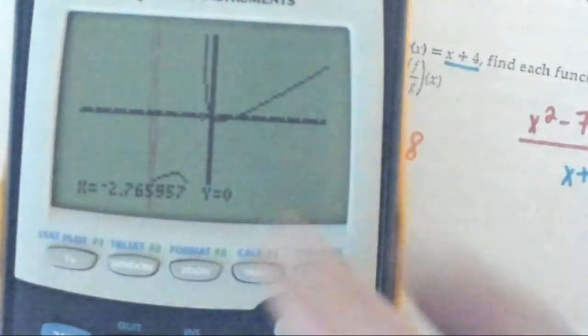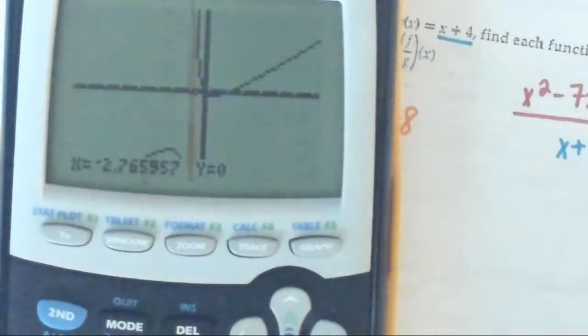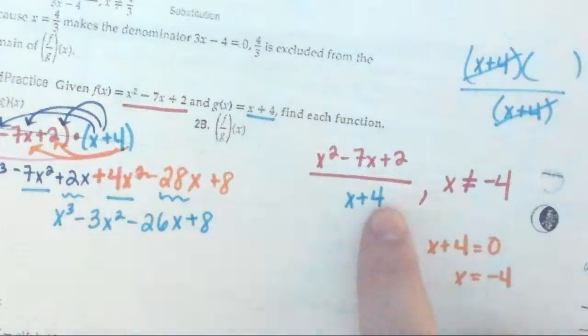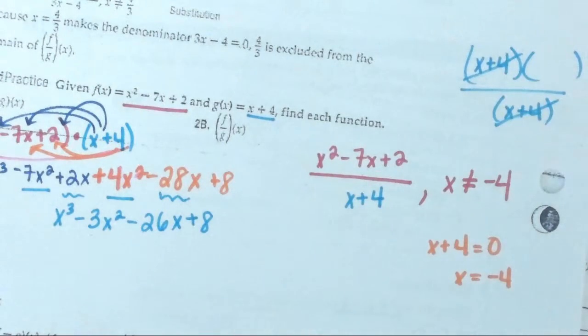But if I zoom out even more, now my negative 4 is that line in between. It's getting closer and closer to it, but never actually touching it. It's called an asymptote. Anyway, you don't have to know the vocab term, but you do have to know that if we divide, there is probably a no-no number that we cannot equal. Because right now, any other number we plug in is going to work, except whatever makes that denominator equal to 0.